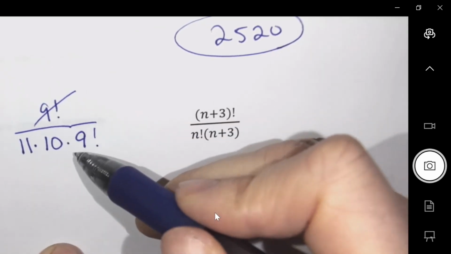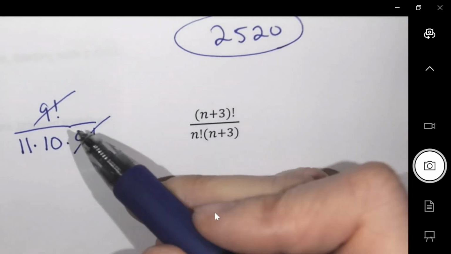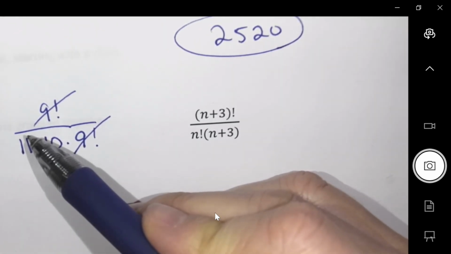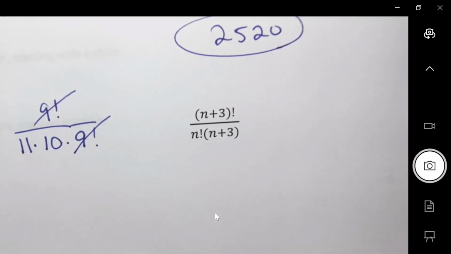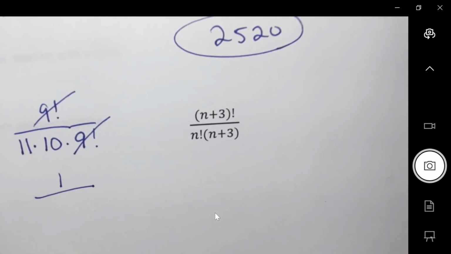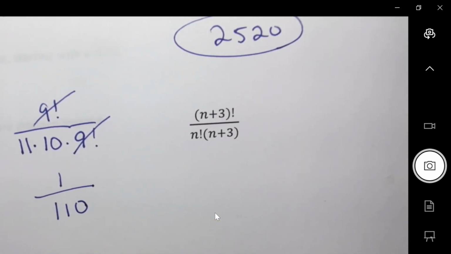So these would cross off. And what happens in math when something gets crossed off? Is it the value 0 or the value 1? When something gets crossed off, what does it make? 1 over 110.